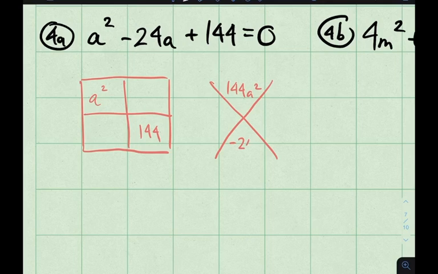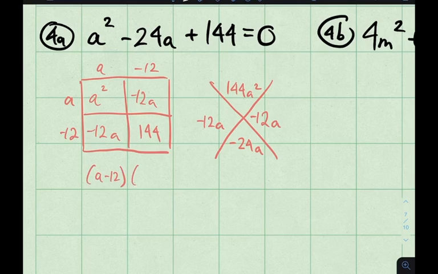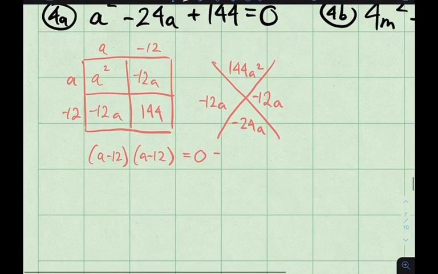Middle term goes down here. Negative 12a, negative 12a. So it looks like this. You could also rewrite this as a minus 12 squared.